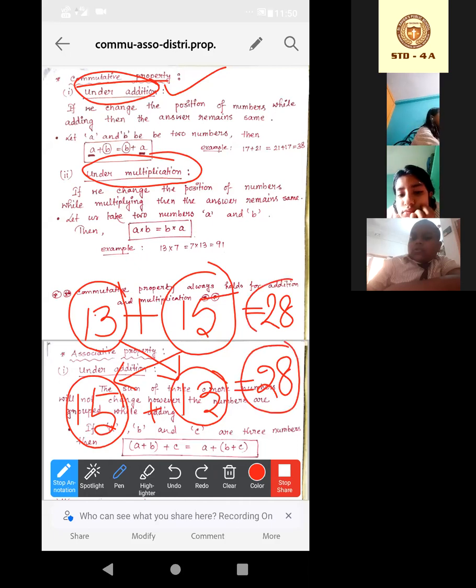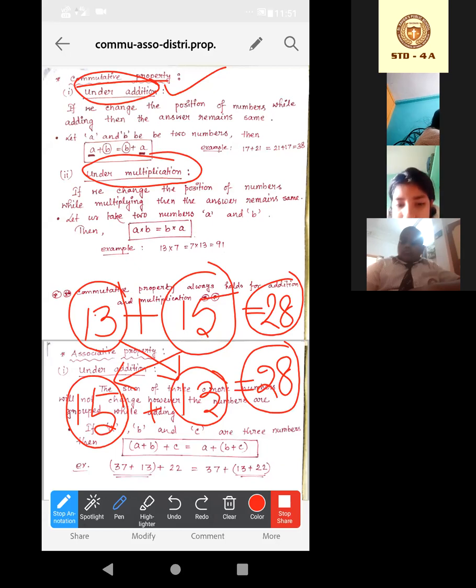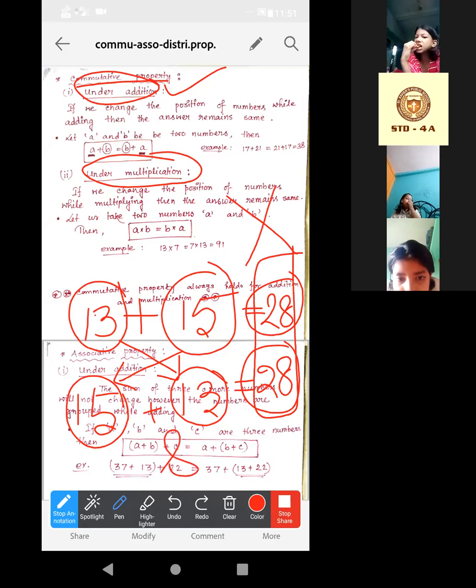No, na. Ultimately the addition result is the same. Yes or no? Just shake your head if you have understood. Just we have changed its place, but the result is actually the same. So this is called commutative property under addition.